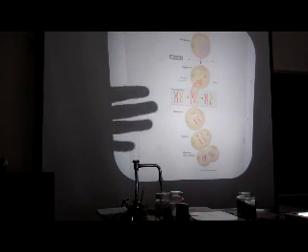Another tidbit of information, when you draw the cell going through meiosis, listen, this is important, you'll need 6 colored pencils to do that properly. You'll need 3 colored pencils for mitosis. You'll need 6 colored pencils for meiosis. Trust me.